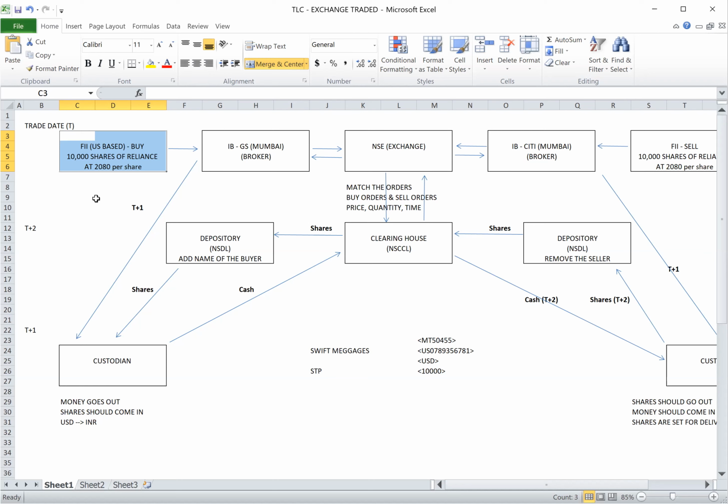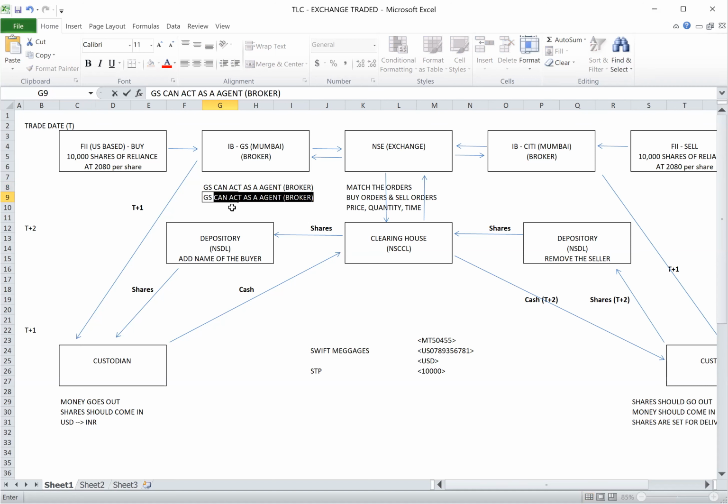So what will Goldman Sachs Mumbai do? They will act as a broker. They can act as a broker as well as a dealer. See guys, what I'm saying is Goldman Sachs can act as an agent, or we call it the broker.